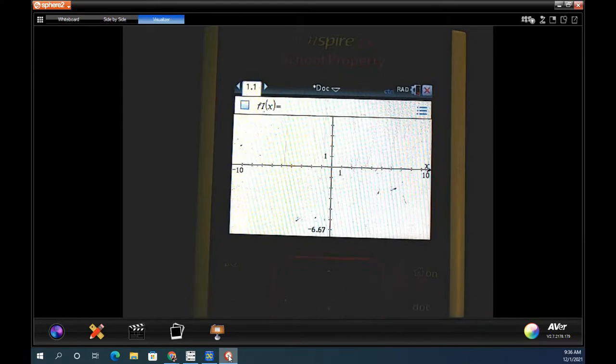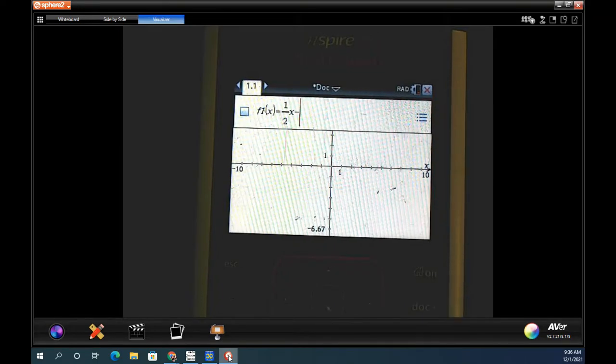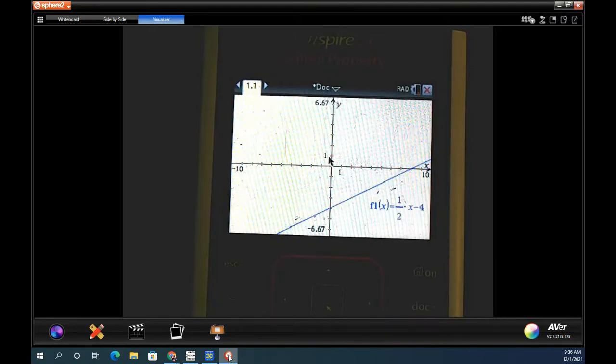So control divide, 1, down arrow 2, right arrow X, minus 4. Hit enter. Always start with the y-intercept, control T for your table.